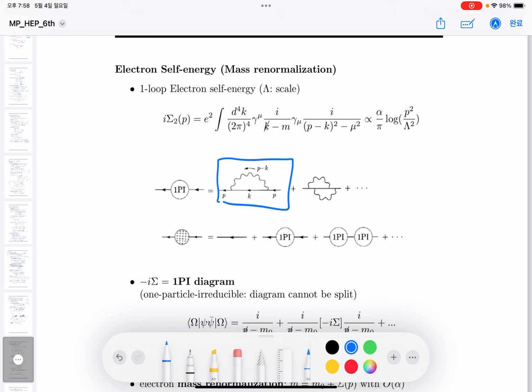This is just a simple one loop case, and then we can calculate this diagram to get the amplitude. For example, there is one fermion propagator and one photon propagator here, and by using the Feynman identity and the evaluation with regularization techniques, this gives a log divergence here.